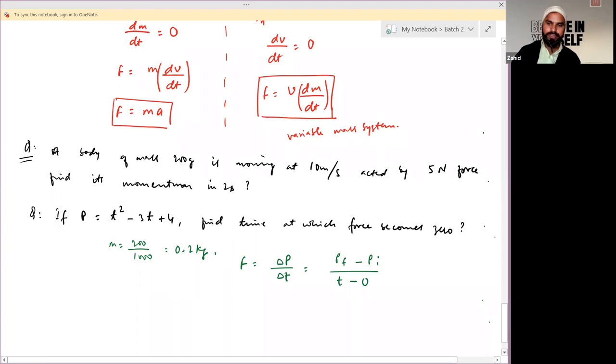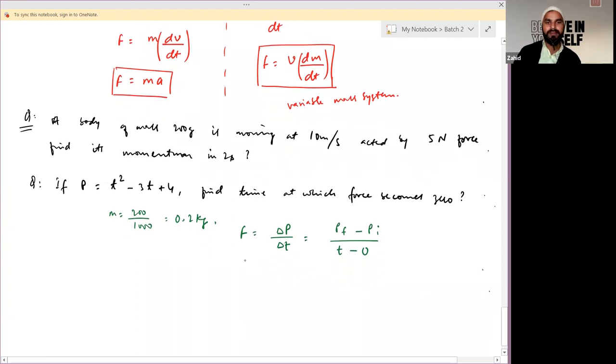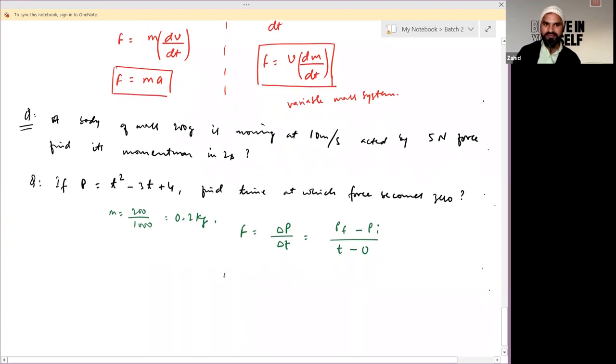Now put the value of each term. Force is 5 equals to P final, we have to calculate. P initial is mass times velocity. Mass is 0.2, velocity is 10 meter per second. Divided by time taken is 2 seconds. Just simplify this.